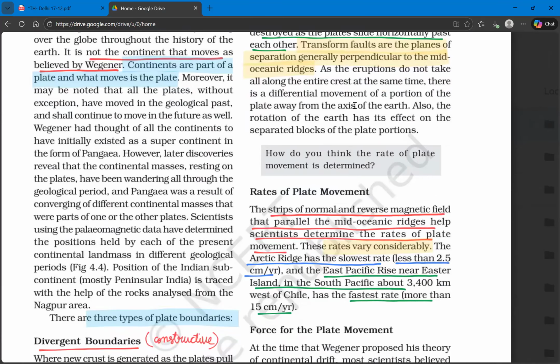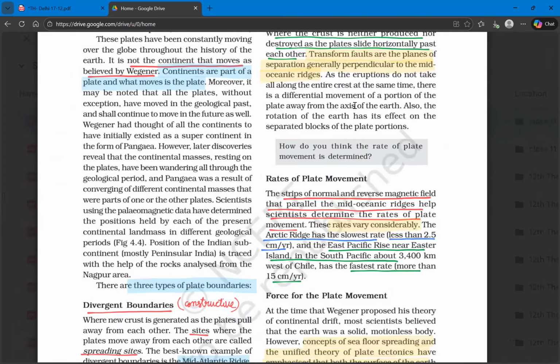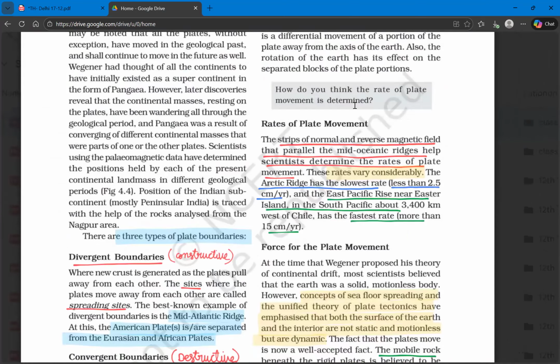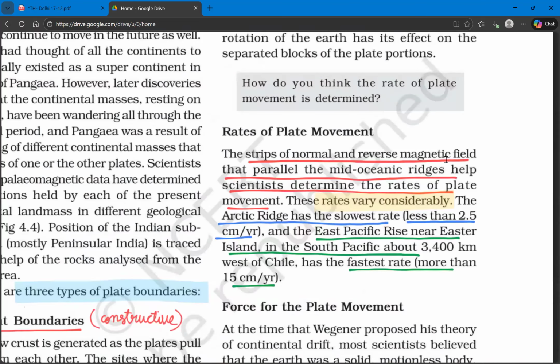Now we'll see how fast or how slow these plates move. The strips of normal and reverse magnetic field that parallel the mid-oceanic ridges help scientists determine the rates of plate movement. So how do scientists determine the speed of plate movements? By strips of normal and reverse magnetic field that parallel the mid-oceanic ridges. These rates differ.